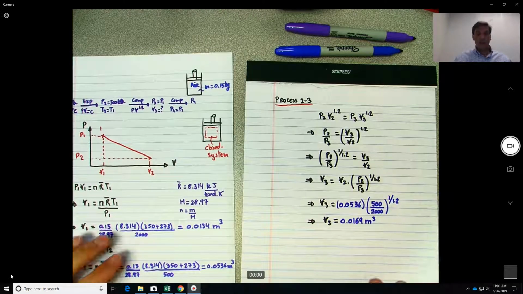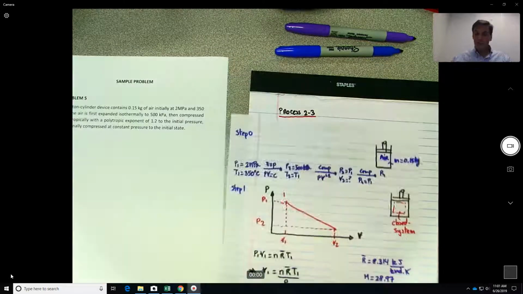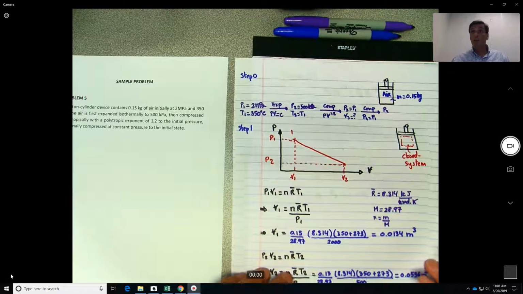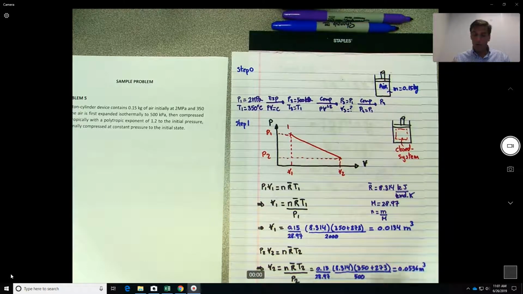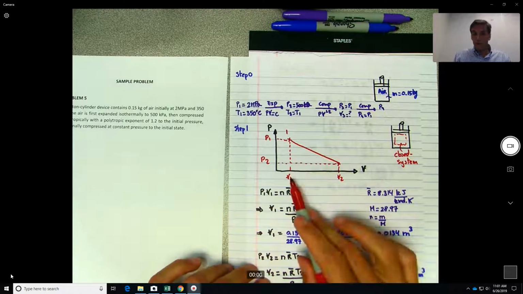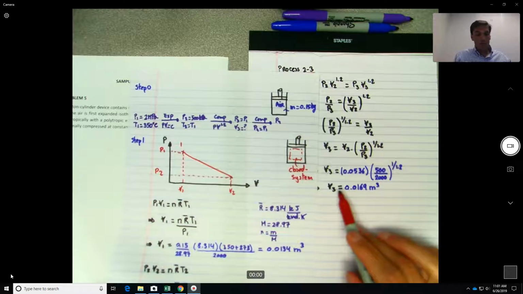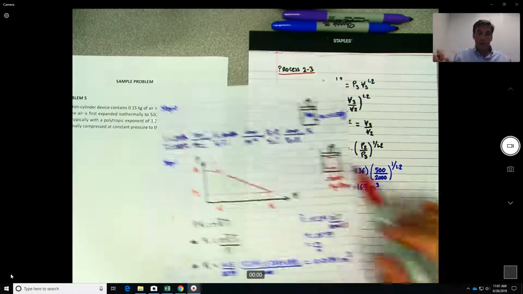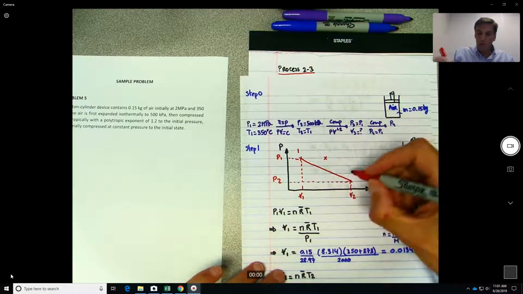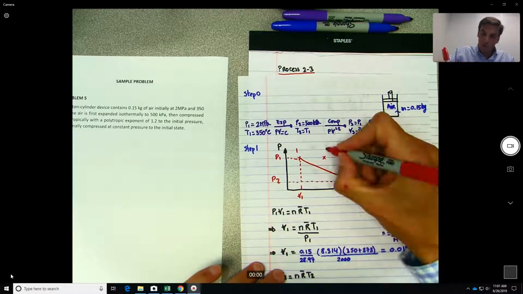So let's see how the figure will look. We know that V2 is equal to 0.05, so this one should be somewhere close over here. It's not going to be to scale, but let's say it will be 1, 2, 3.